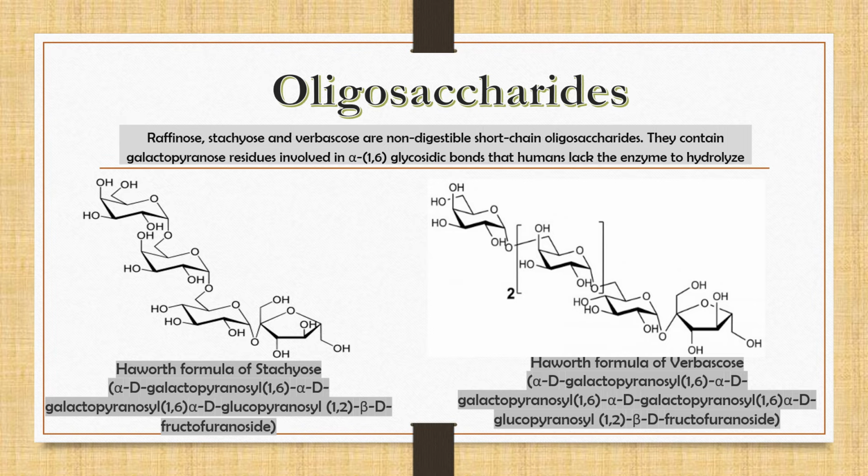Of the tetrasaccharides, the important one is the stachyose derived from raffinose. It was first isolated from rhizomes of Stachys tuberifera.